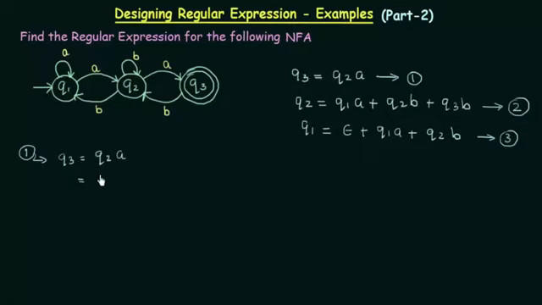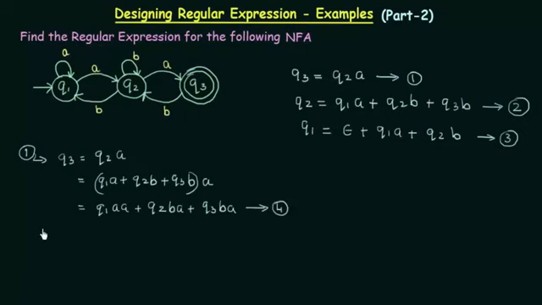So Q2 can be written as Q1A plus Q2B plus Q3B, and this A can be written as it is. Now let me simplify it further by taking this A inside. So Q1AA plus Q2BA plus Q3BA. Let me call this equation number 4.